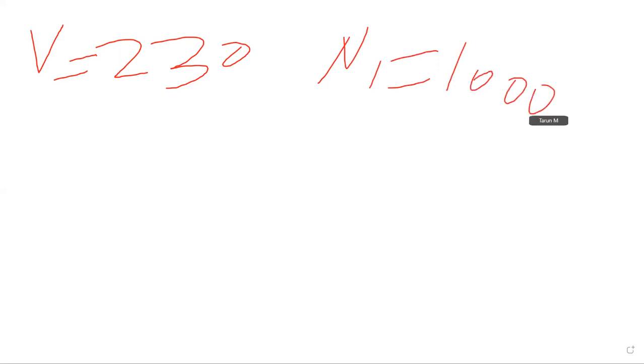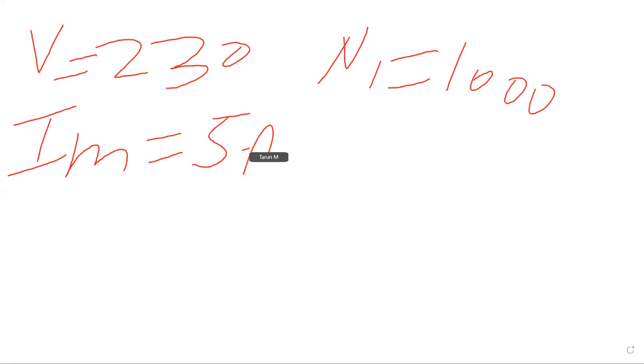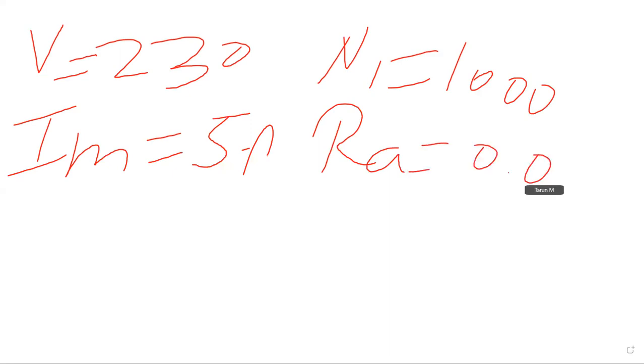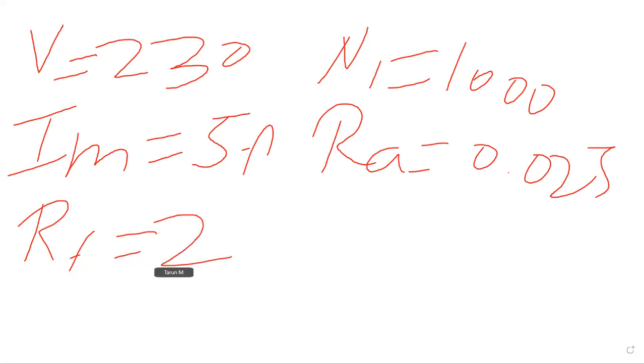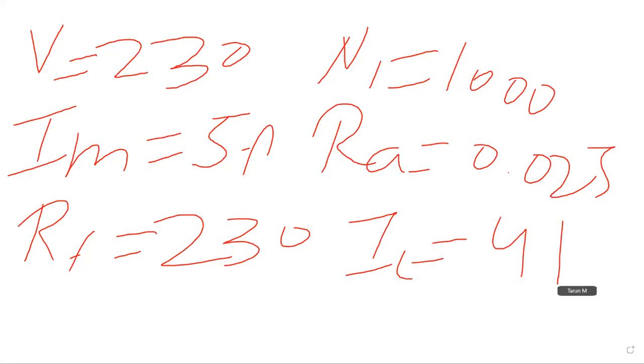Then IM, motor current, equal to 5 amps. RA is 0.025. Field resistance 230. And full load current is 41. You know all this is given in the question, right?